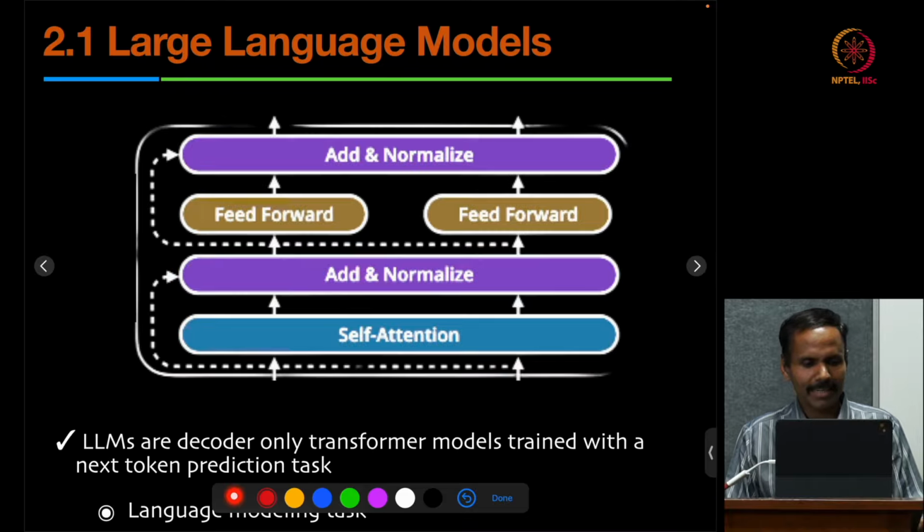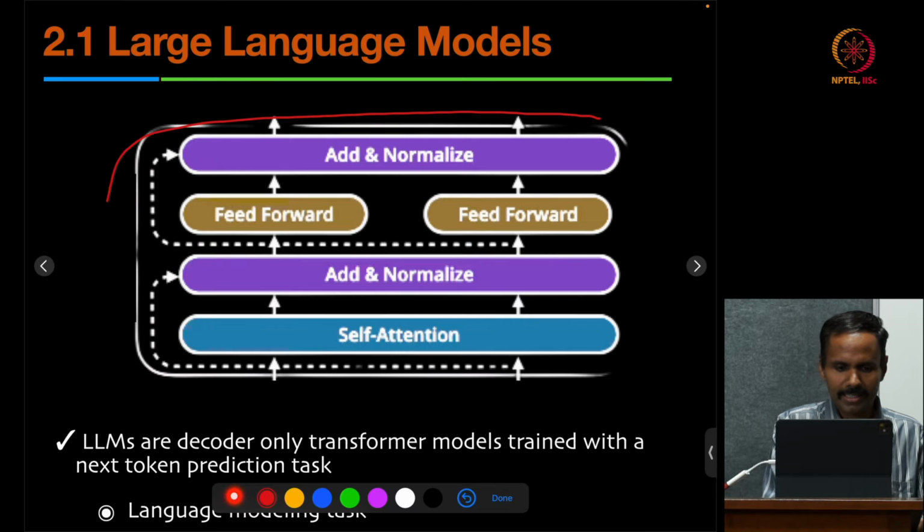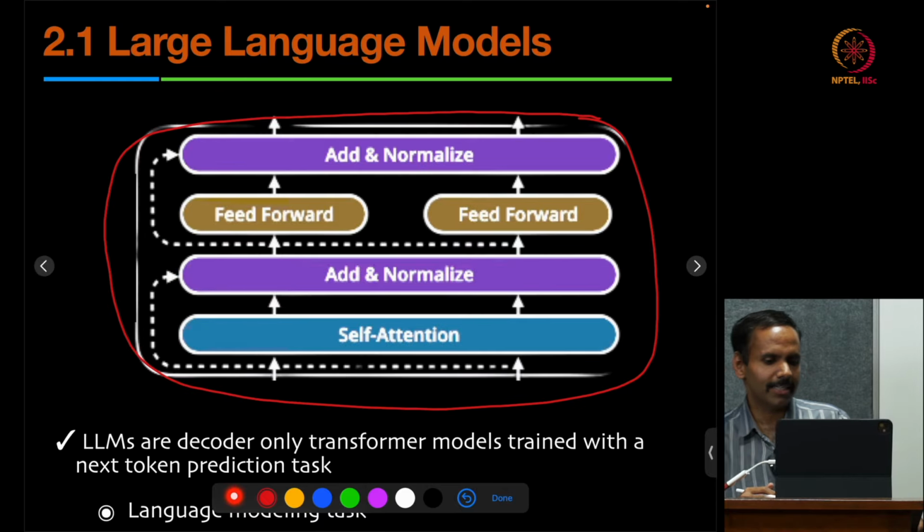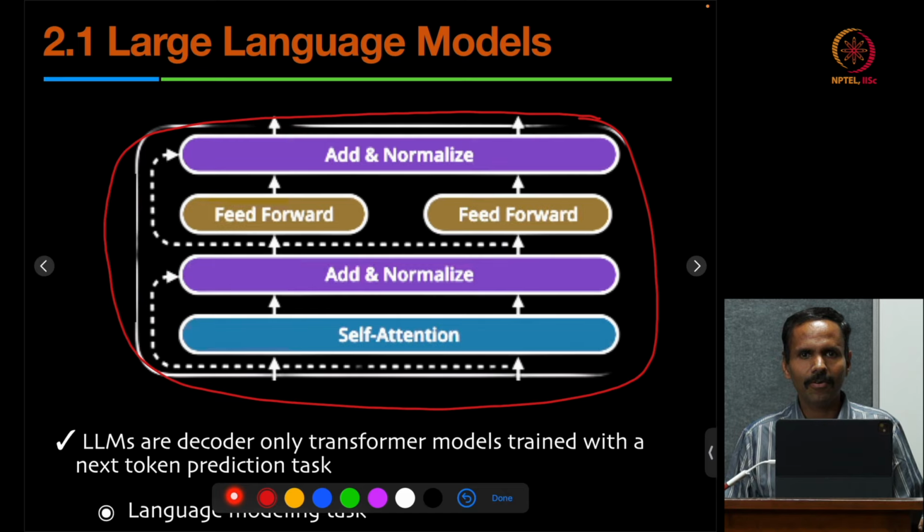So again, just a reminder, this is the chunk that we discussed in the previous session that had a self-attention, a normalization, a feed forward, and another normalization layer, what we called a single block of the transformer architecture.